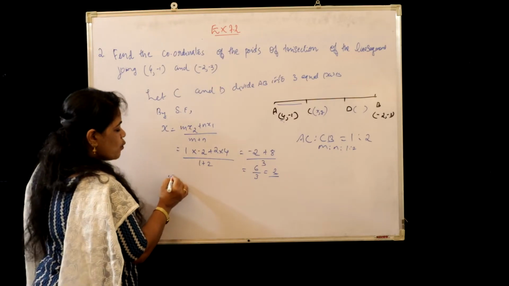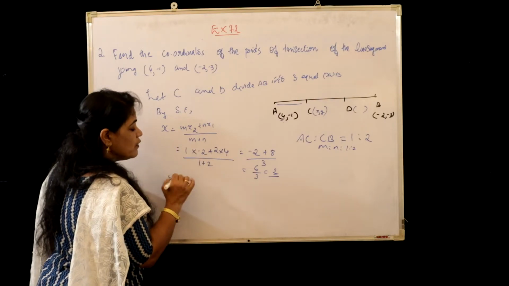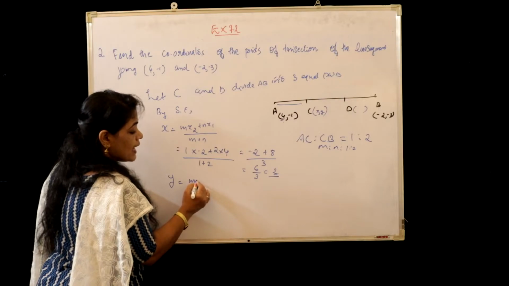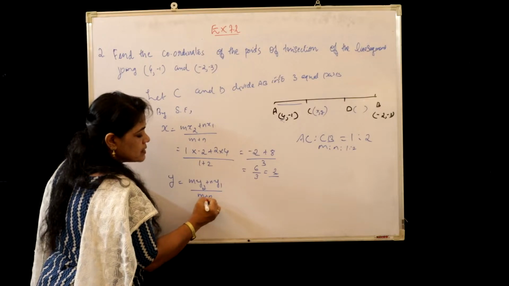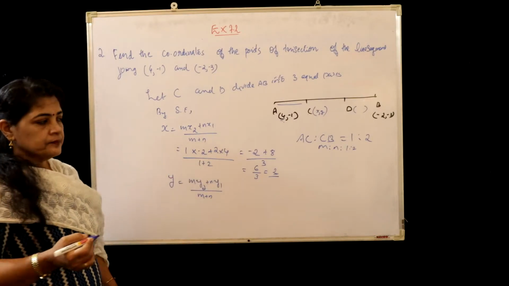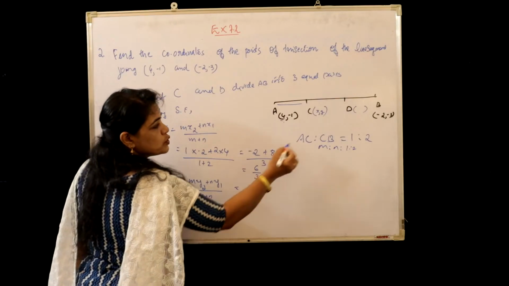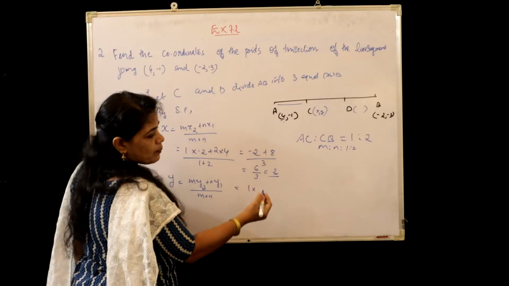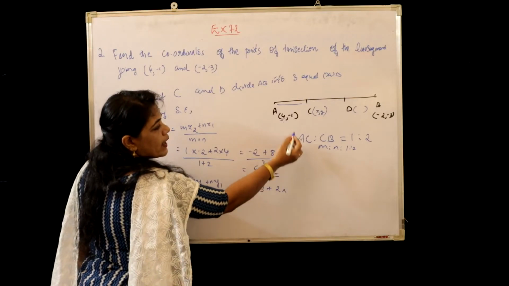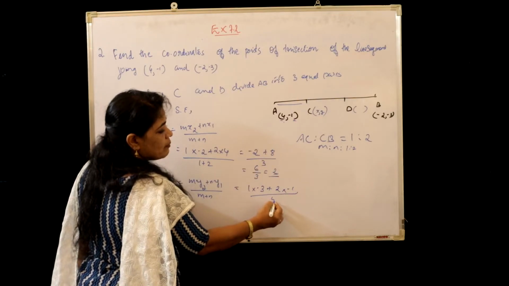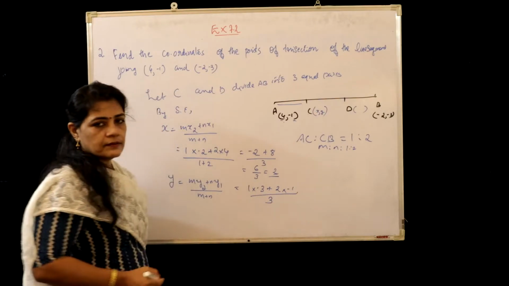To get the y coordinate, we can apply the same section formula: (my2 + ny1) divided by (m + n). m plus n is 3, but there is a change in the numerator: m is 1 into y2, where y2 is the y coordinate of the second point, minus 3, plus n is 2 into y1, minus 1, divided by 3.